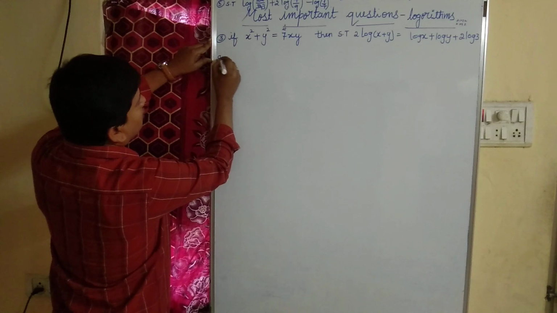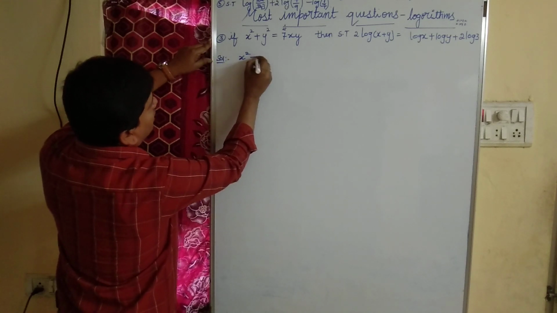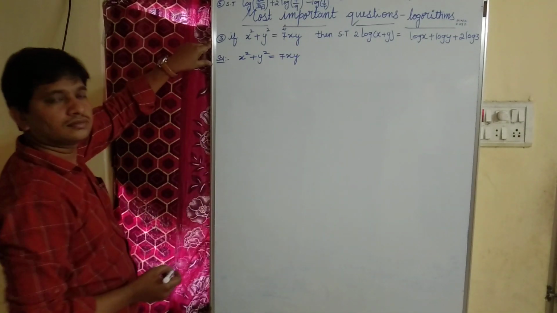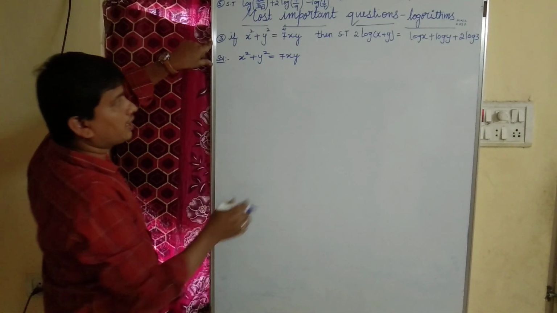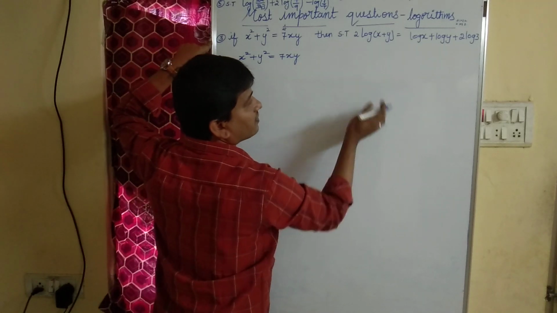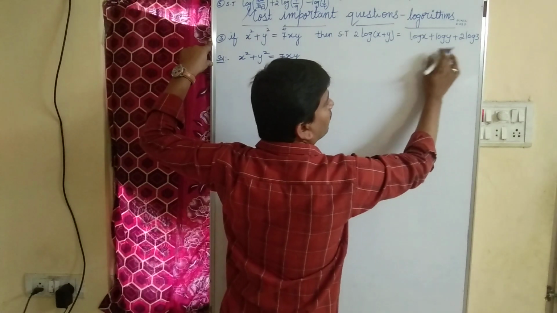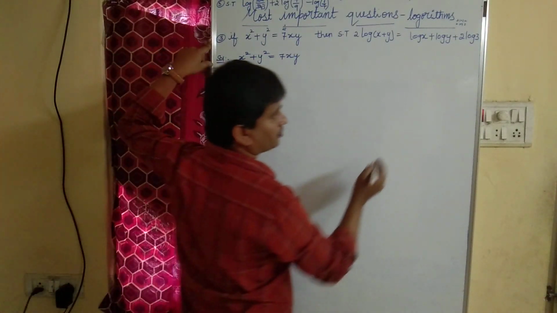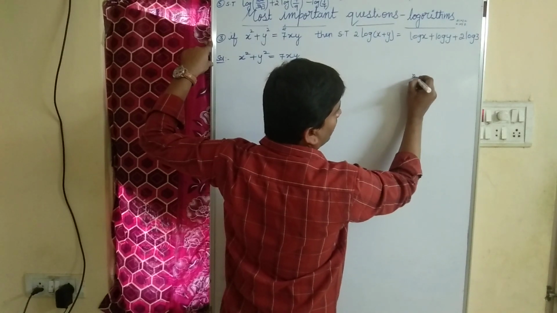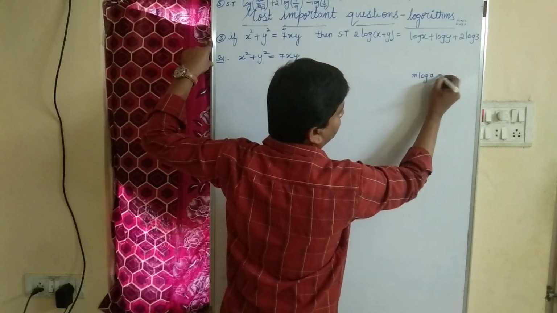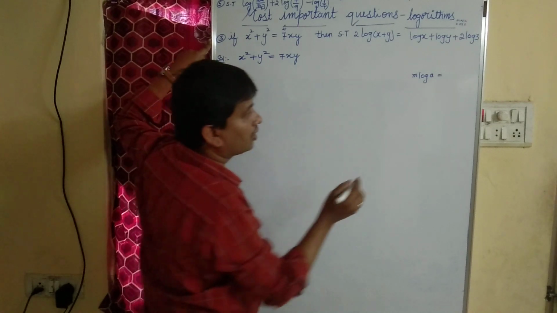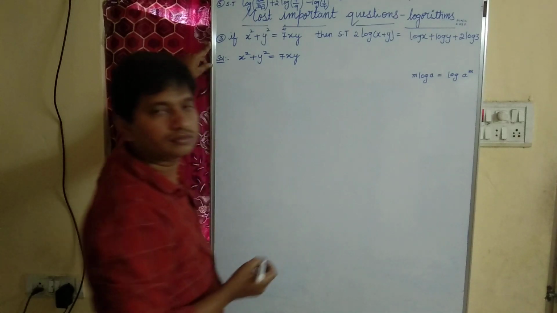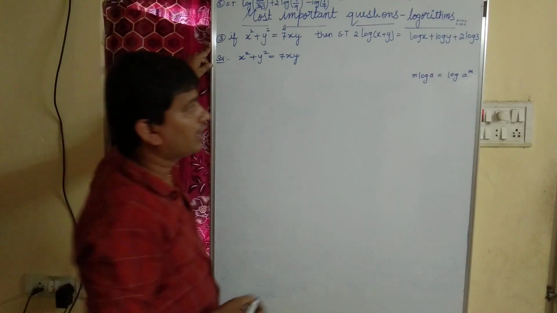Okay? So what is given? Here given x square plus y square equal to 7xy. We need to show that 2 into log of x plus y equal to log x plus log y plus 2 log 3. You know children, m log a we can write as log a power m.